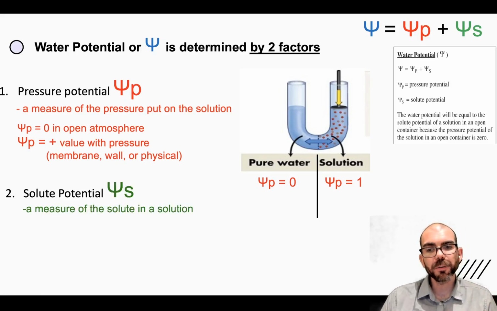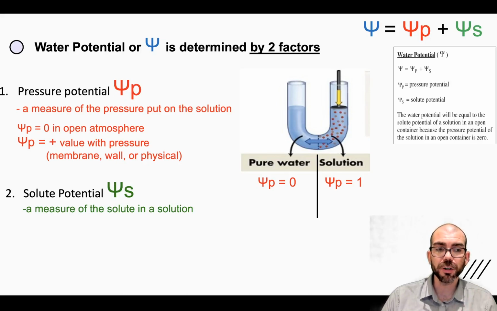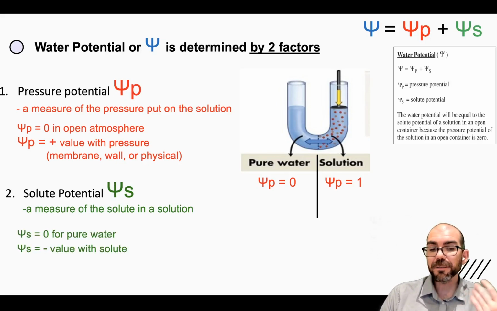The second component of water potential is the solute potential. This is a measure of how much solute is in the solution. If there is no solute in the solution, if it's a situation like distilled or pure water, the solute potential is a value of 0. If there is solute in the solution, it can have incrementally negative values.